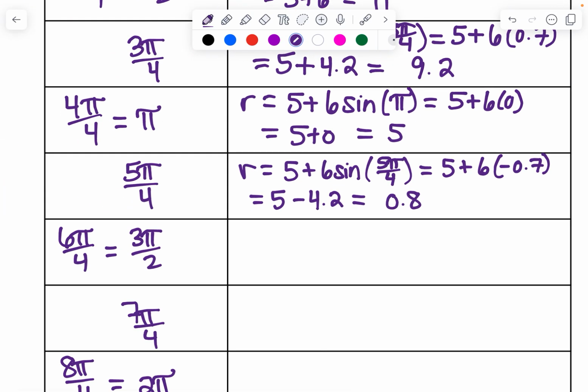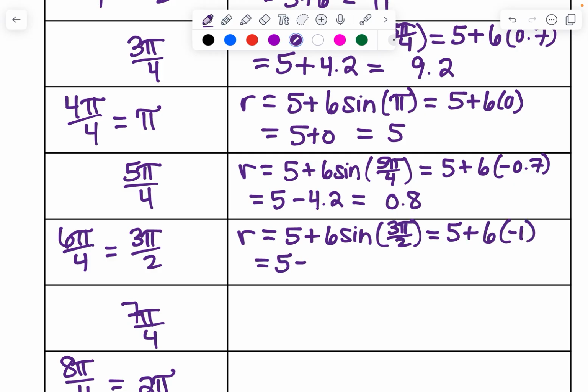Because 5 minus 4 is 1. 1 minus the 0.2 gives you 0.8. All right, if we plug in 3 pi over 2, we know the sine of 3 pi over 2 is negative 1. So we've got 6 times negative 1. So we're going to have 5 minus 6, and we're going to get negative 1.